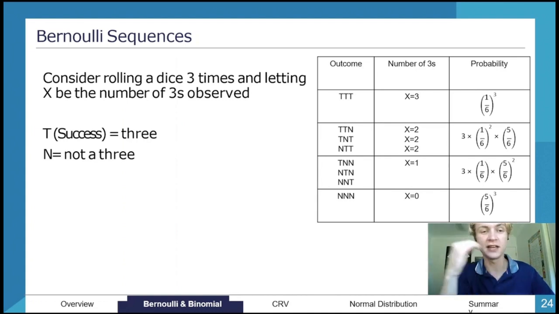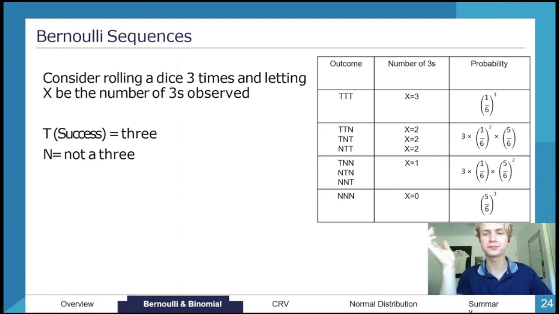I'm just showing the derivation of the formula here. What we would do is let success, which would be T, equal 3, N would be not a 3. We could also let x equal success, so equals 3. And the probability that x equals 3 is 1/6 to the power of 3 of getting TTT.